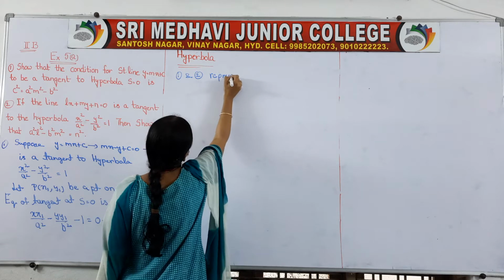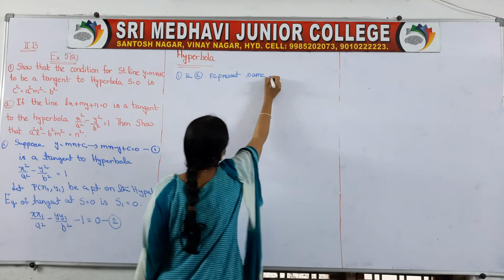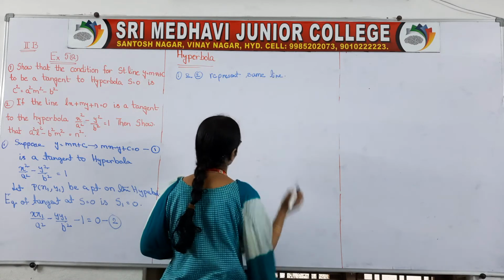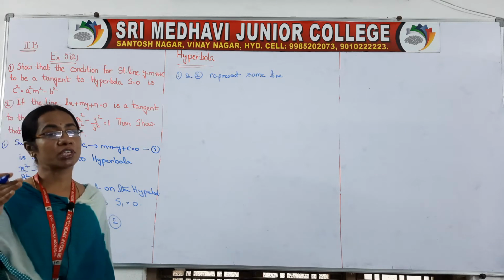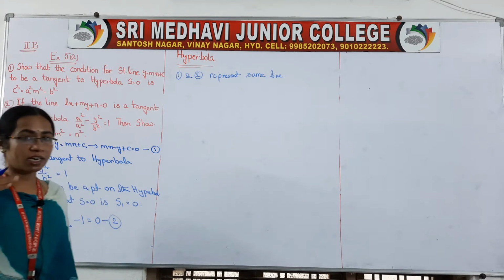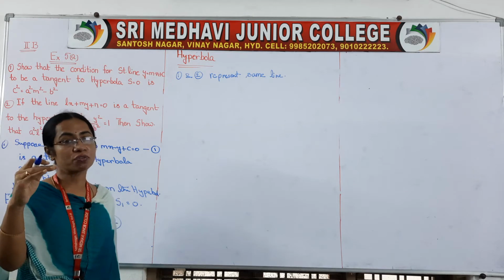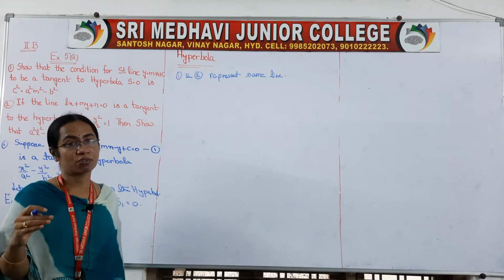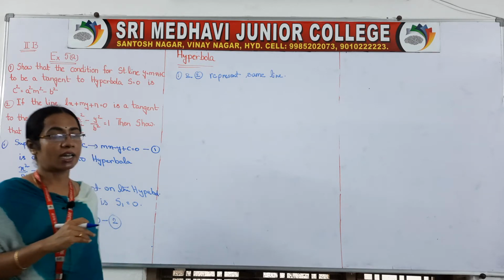Already I said in mathematics, if two lines are the same, how do we equate? The x coefficient of one line by the x coefficient of the other line is equal to the y coefficient of one line by the y coefficient of the other, which is equal to the constant of one line by the constant of the other.